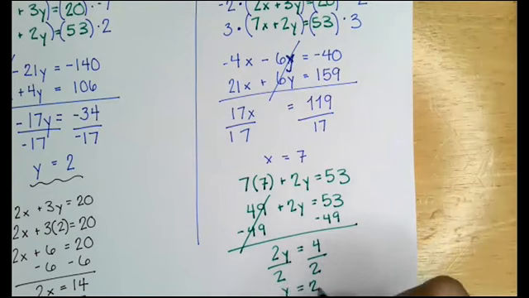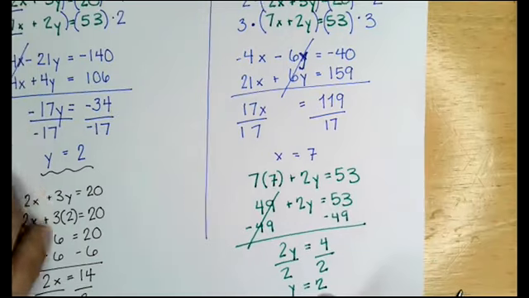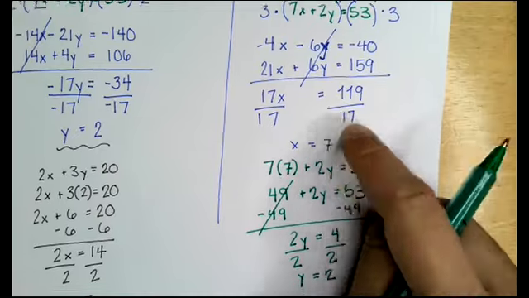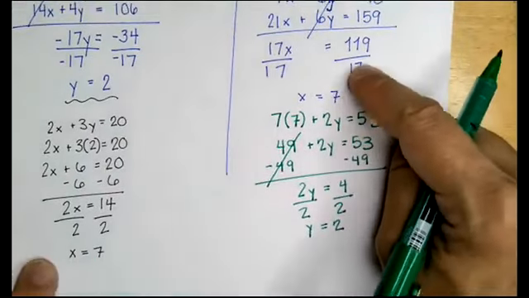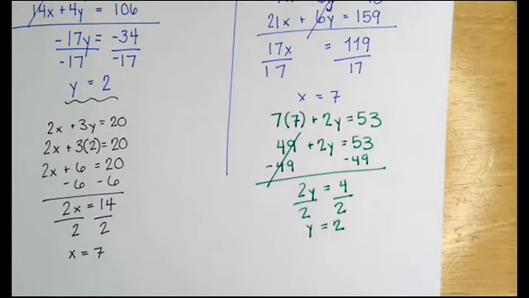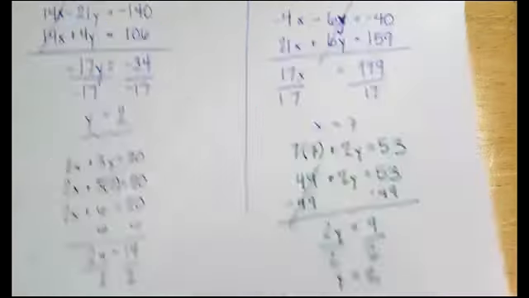Y is 2. So we still have the same answers. Y is 2. X is 7. So it doesn't matter how you eliminate or which one you eliminate, as long as your math is correct.